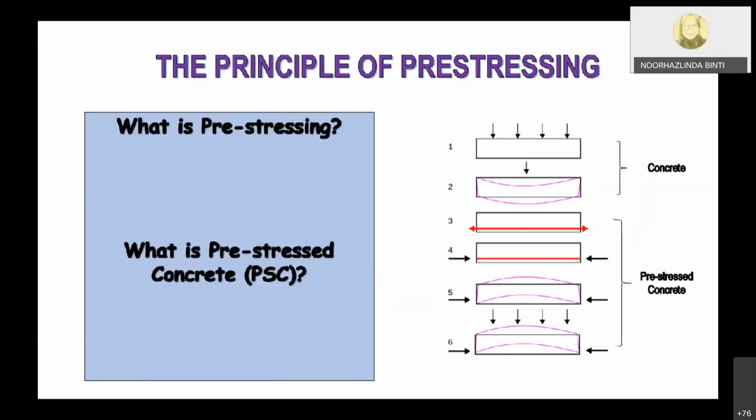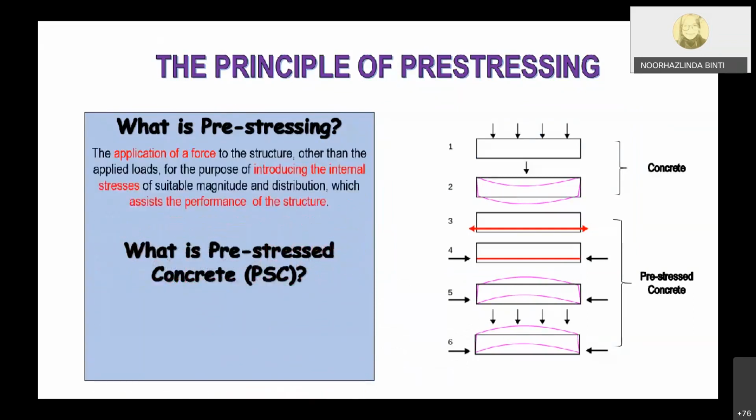So at this stage, what is prestressing and what is prestressed concrete? We can say that prestressing is the application of a force to the structure, other than the applied loads. Where do the applied loads come from? From the service loads during the structure's working life. The purpose is introducing internal stresses, of suitable magnitude and distribution, which you have to design, that assist the performance of the structure.